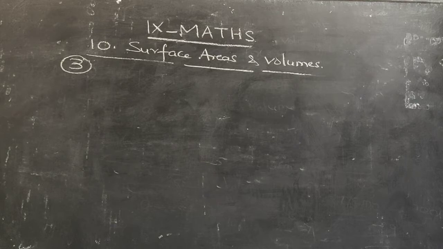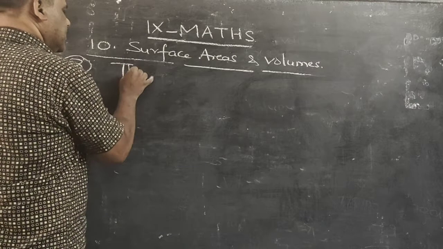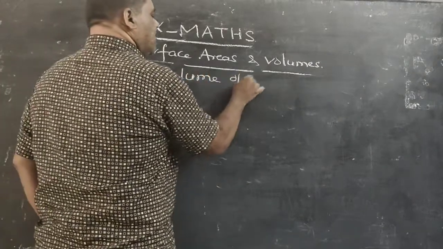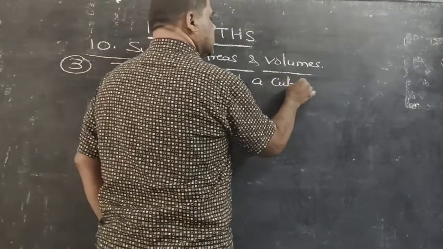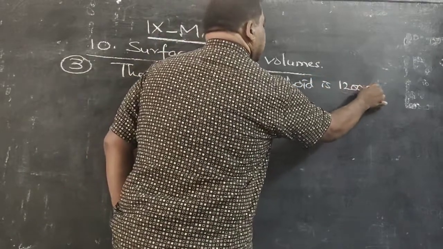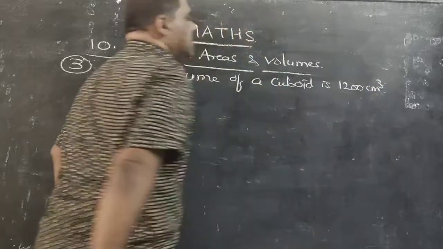The volume of a cuboid is 1200 centimeter cube.